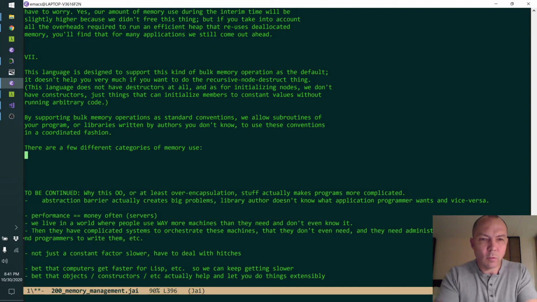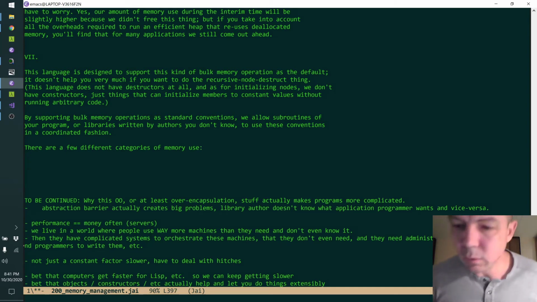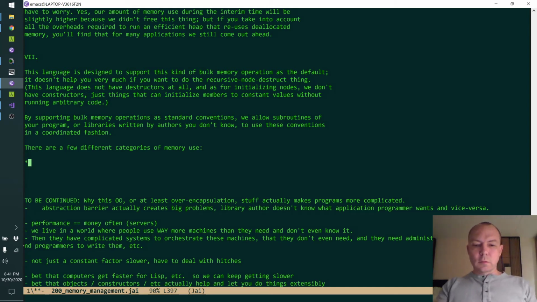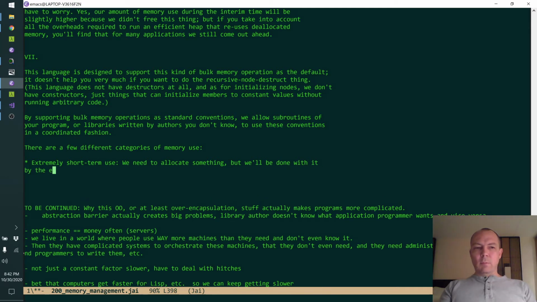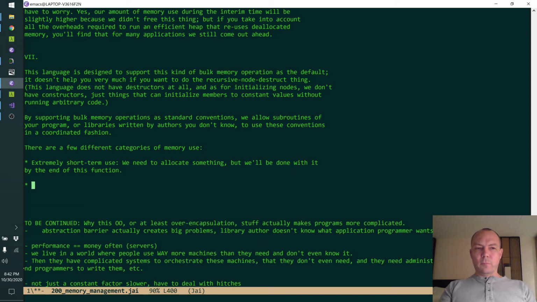Of memory use. Extremely short-term use. We need to allocate something, but we'll be done with it by the end of this function. Short-term use.